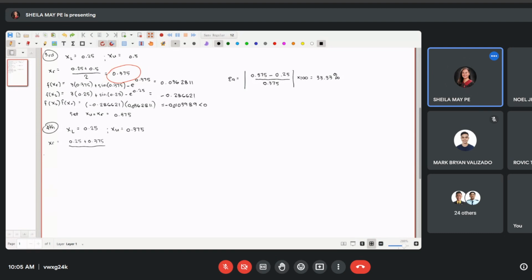That's 2. 0.3125, function of x sub R. That's 3 times 0.3125.